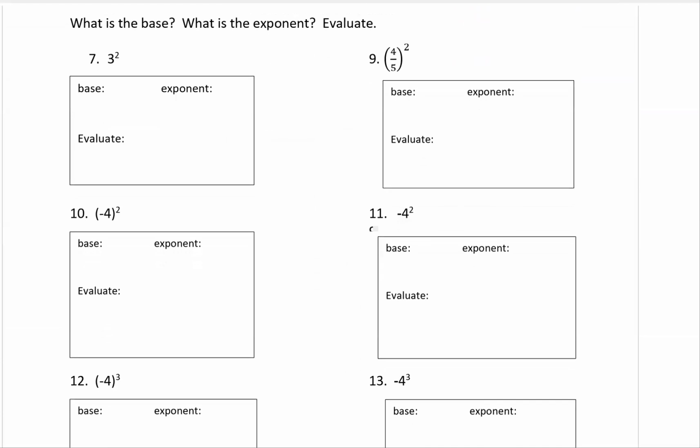In the following examples, you are being asked to write down the base, the exponent, and evaluate. Number 7, 3 squared. The base is 3. The exponent is 2. To evaluate that, that is 3 times 3, and 3 times 3 is equal to 9.